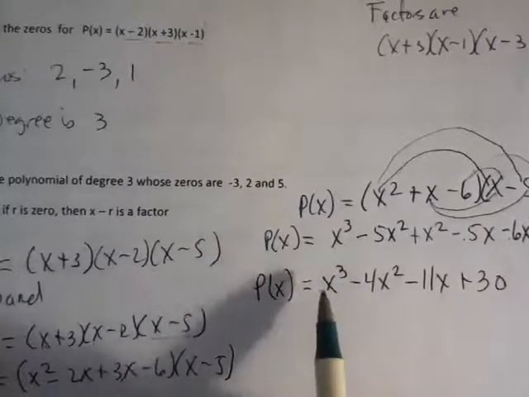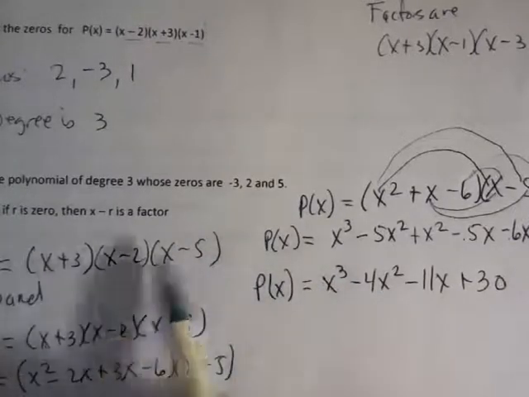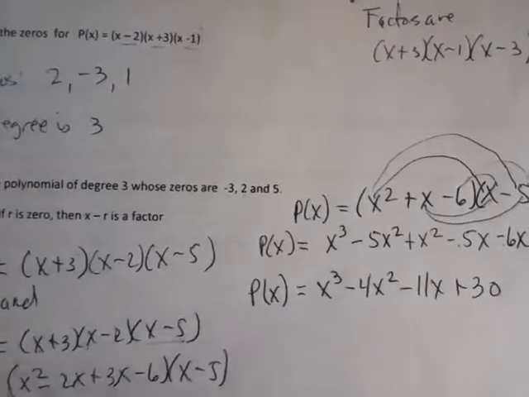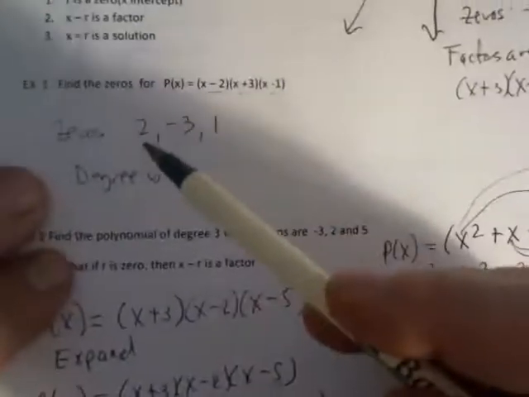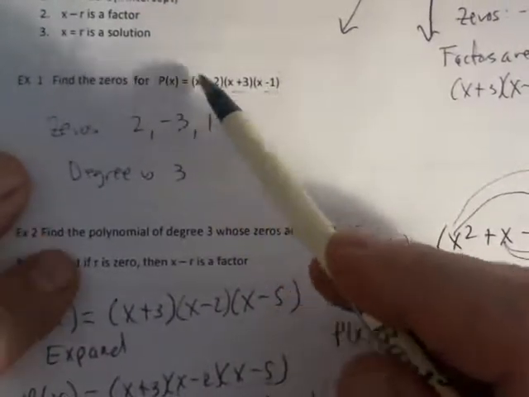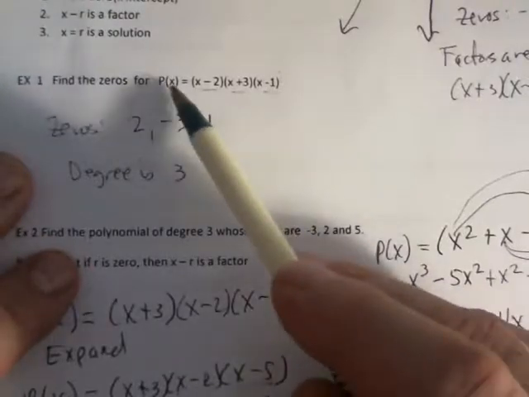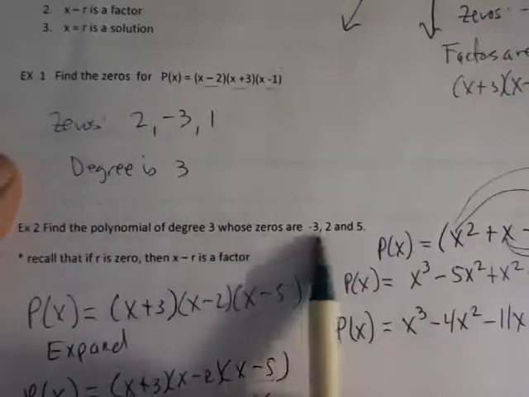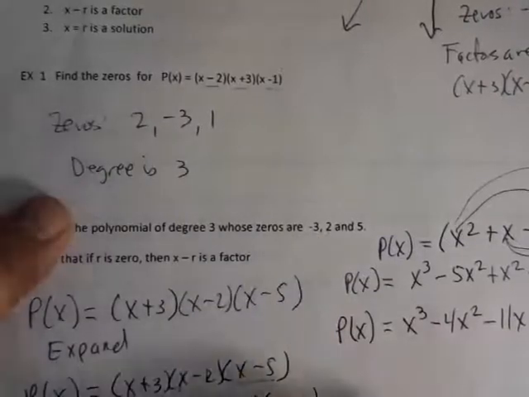But we don't need to expand it to know that the degree is 3. All right, so that's a couple things you'll need to be able to do. You'll need to give the zeros if given a polynomial function, and you'll need to create the polynomial function given the zeros.